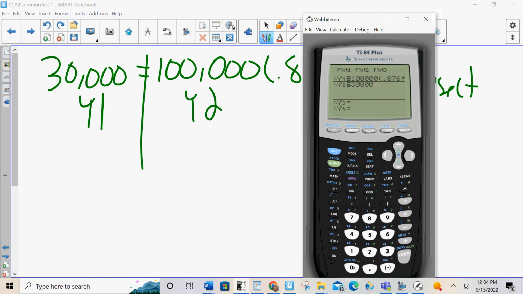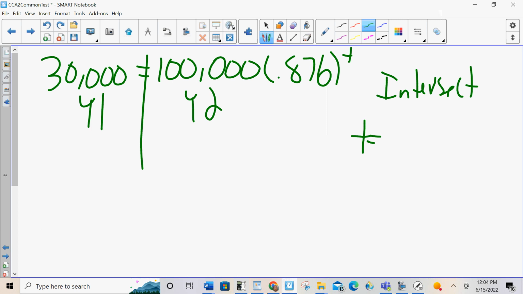Enter 30,000, second trace, option 5, enter, enter, enter. It said to the nearest hundredth of a year: 9.09. That would get you full credit since it did not specify to do it algebraically, and writing y1, y2 intersect would be you showing your work.